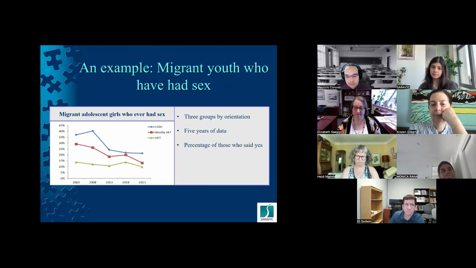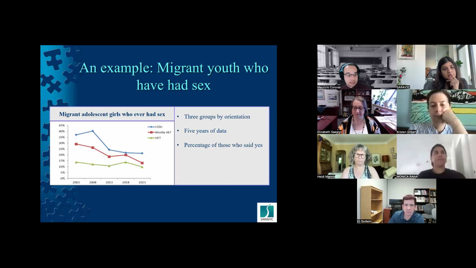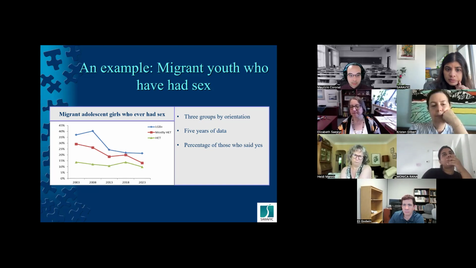So let's look at an example. We've got some data from migrant youth who had sex. Migrant adolescent girls who have had sex, the responses were yes or no: have you ever had sex? And in our little chart, we've got our three groups based on their sexual orientation. So we've got the LGBT plus, the mostly straight and the straight girls.